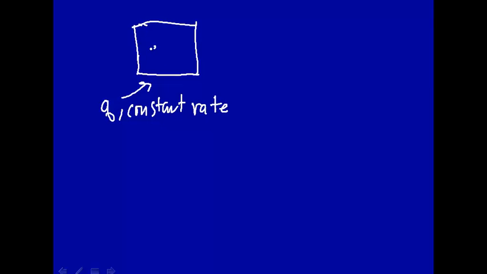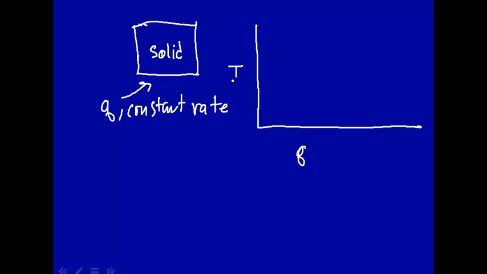And initially we have, say, a solid. All right, let's look at a heating curve for this. Heating curve means what we have here, Q being put in at a constant rate. You keep putting in some heat. And let's look at how the temperature changes.